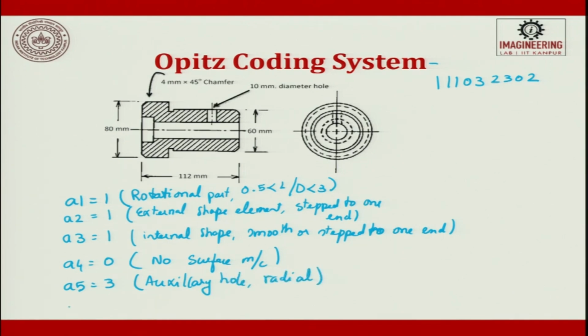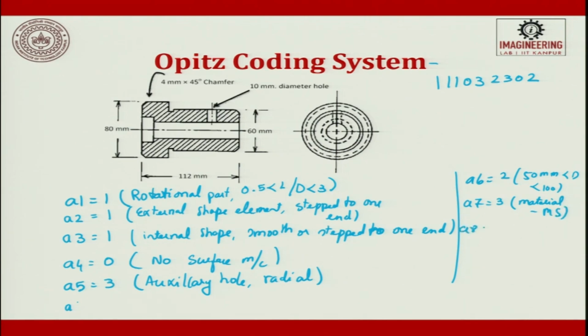Okay. So, A6, I will write A6 here. A6 is nothing but 2, which talks about 50 millimeter diameter D. Then A7 is equal to 3, which is nothing but the material, mild steel, MS.